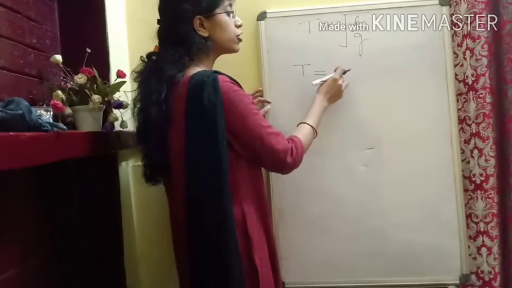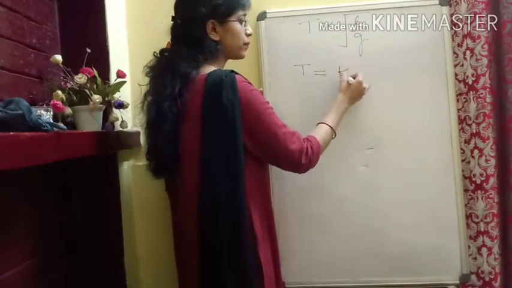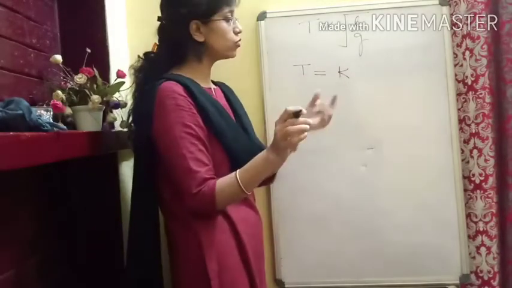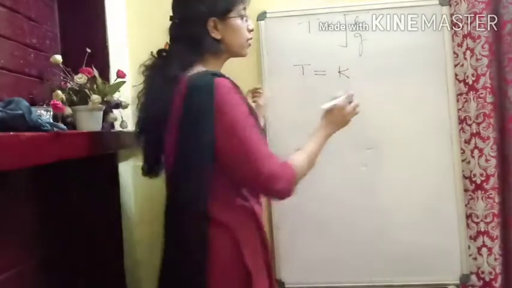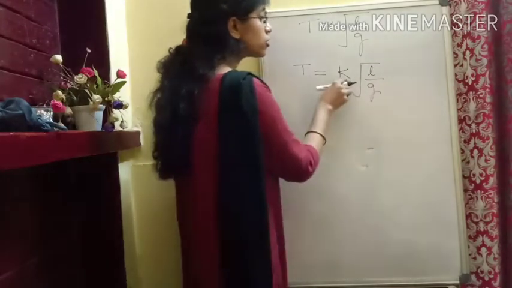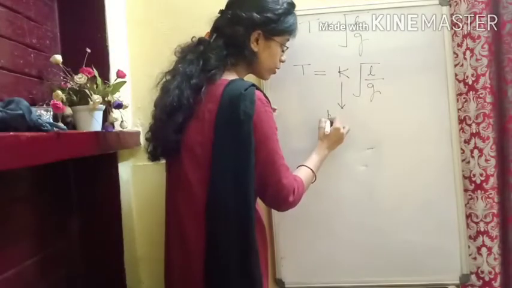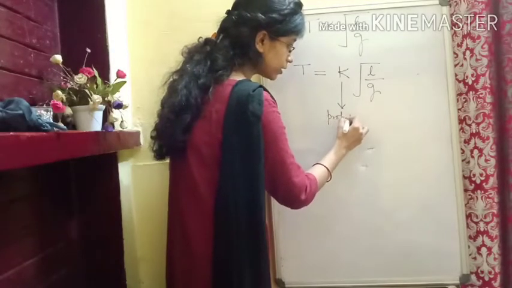Here the constant we are using, let us call it k. Any constant we can use, and let's say the expression is T equals k root L upon g. This you all should learn. This constant is known as the proportionality constant.